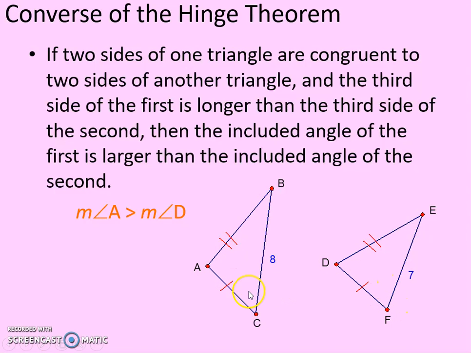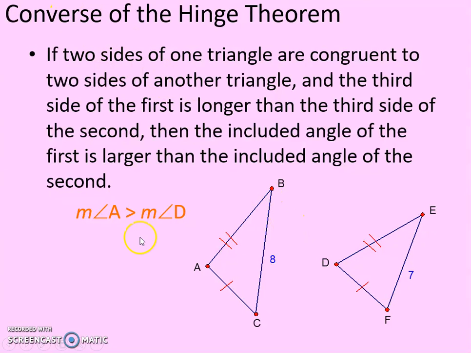You see the mark? And then you see the third side is bigger than this side. If this 8 is bigger than this, then this angle that is across from that 8 is greater than this. Because 8 is bigger than 7. So whatever the measurement is, angle A is greater than angle D.